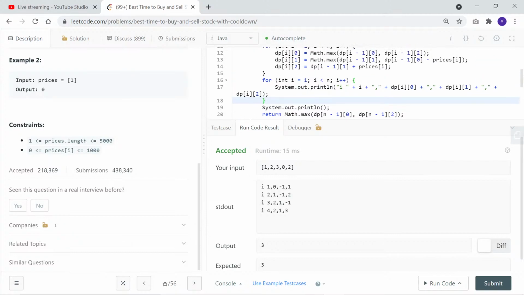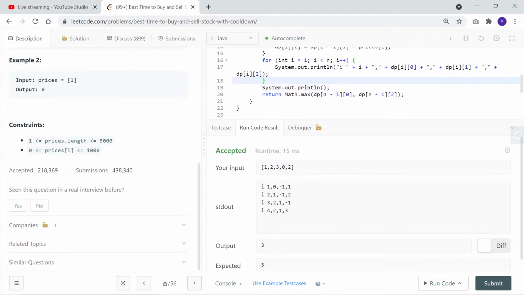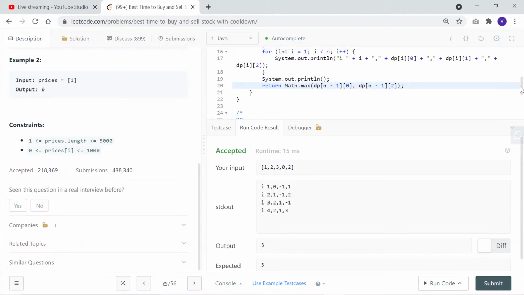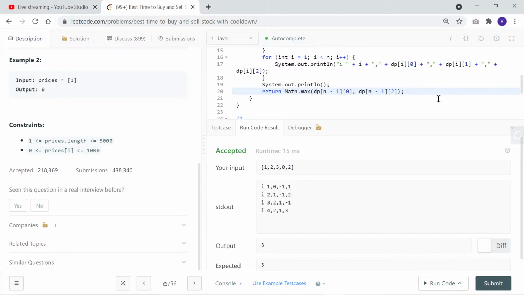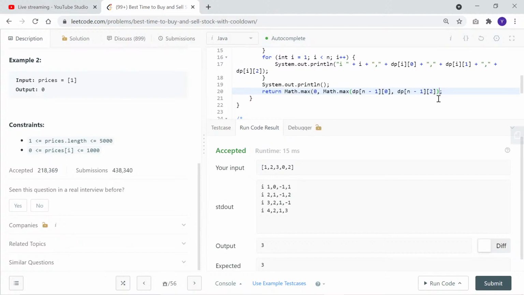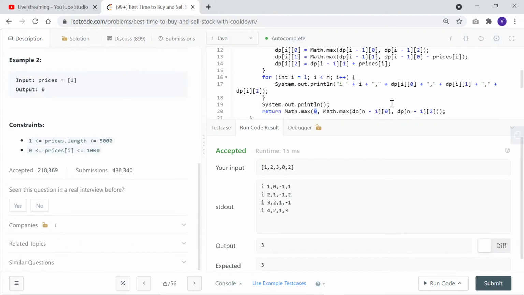Also, I think there is another problem. There is a possibility that no matter how we trade the stock, our profit will be negative. So we can have another condition that the minimum profit should be zero, where zero means we do nothing.